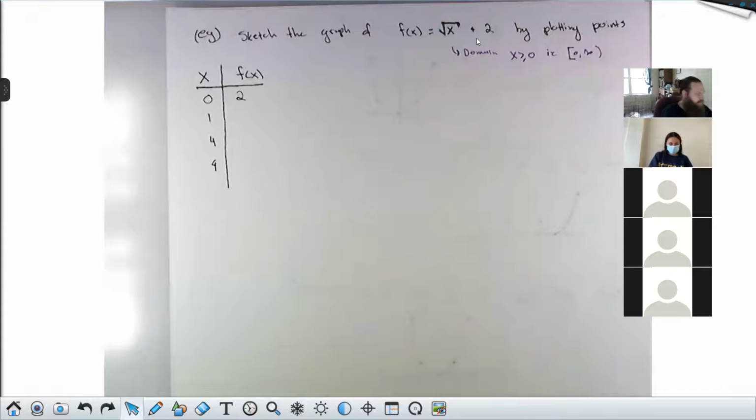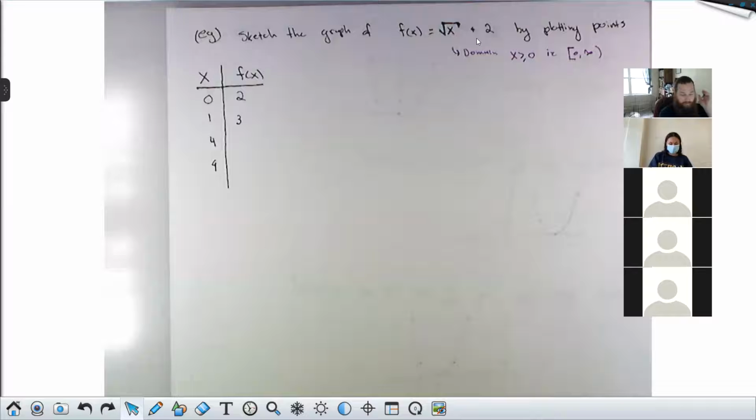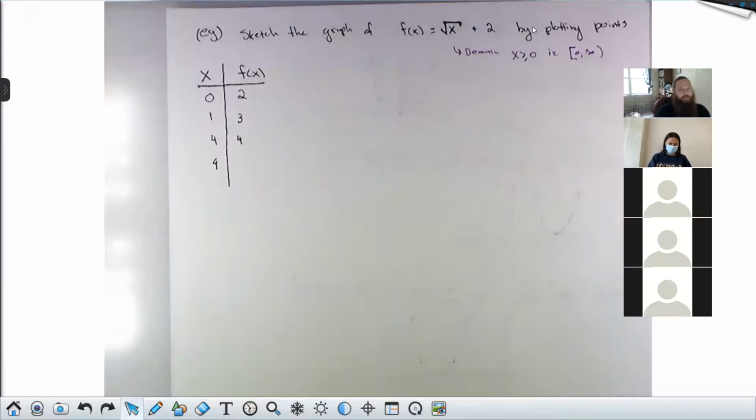So that's 1 plus 2, which is 3. f of 4 is the square root of 4 plus 2. The square root of 4 is 2. 2 plus 2 is 4. And f of 9 is the square root of 9 plus 2. Well, the square root of 9 is 3, so that's 3 plus 2, which is 5.